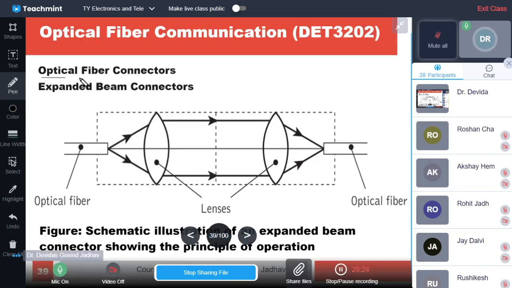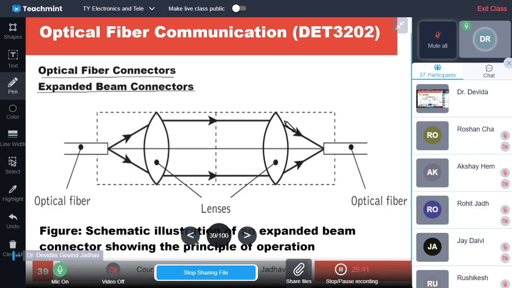So one more connector, the optical fiber connector. One is the ferrule mechanical connector, and this is the optical connector. The first connector was mechanical, the second is optical, the expanded beam connector, where optical lenses are used.